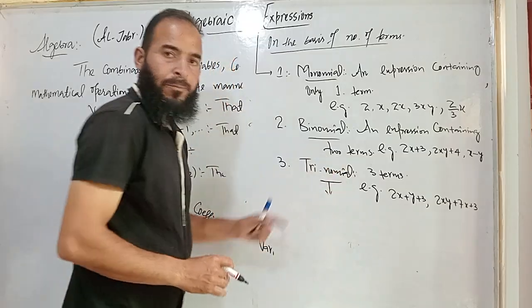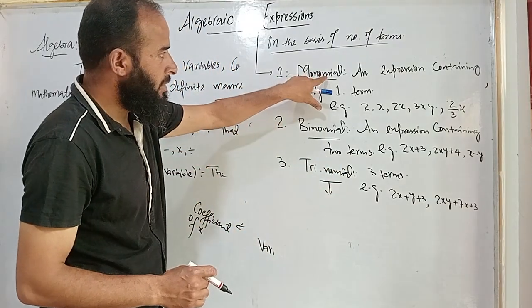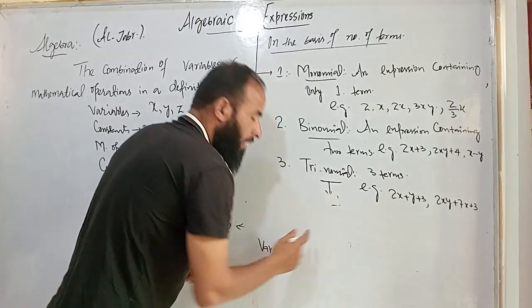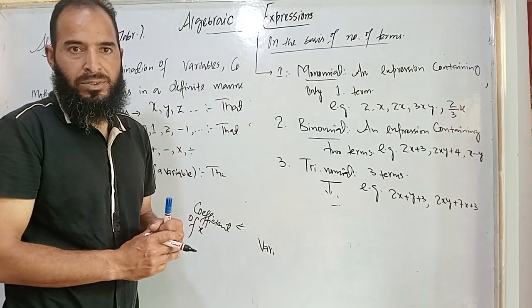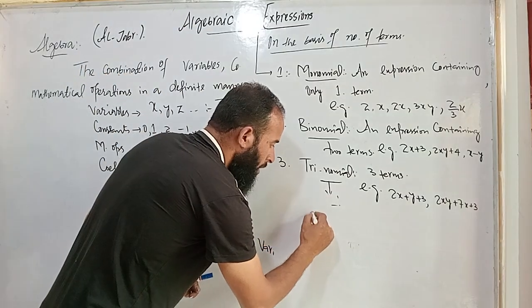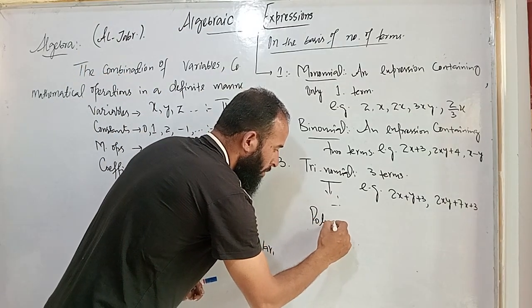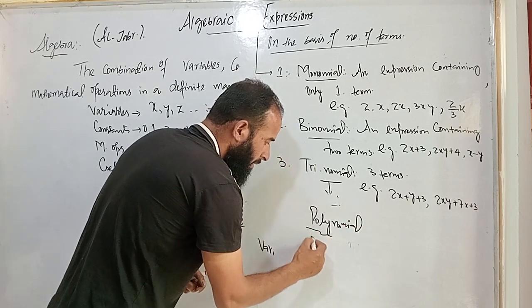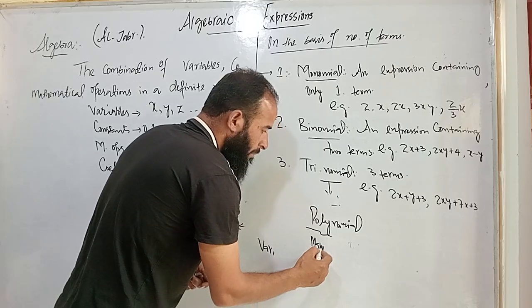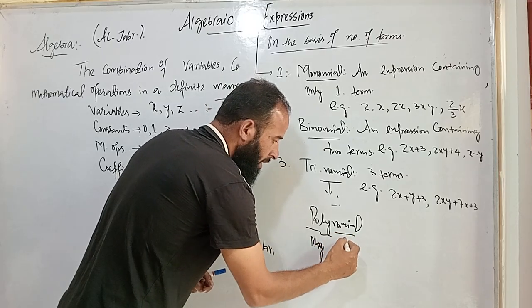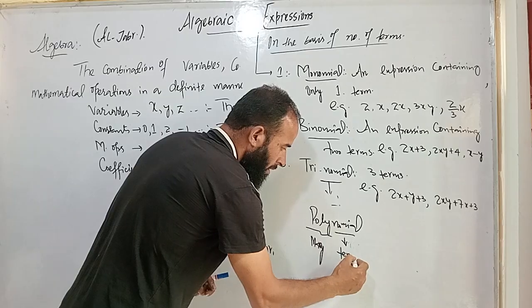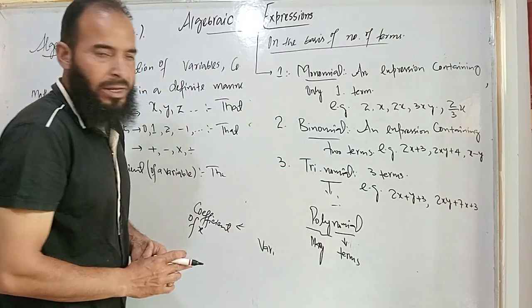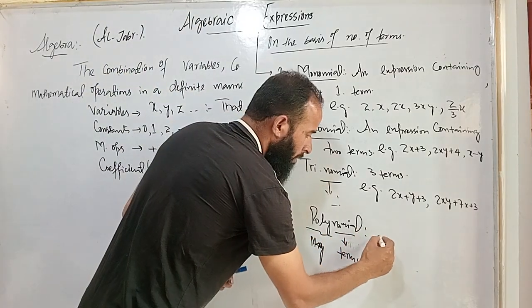So an expression containing more than 3 terms, we can call that a polynomial. In general, we call it a polynomial, because poly means many, and nomial means terms. So an expression containing many terms is called a polynomial.